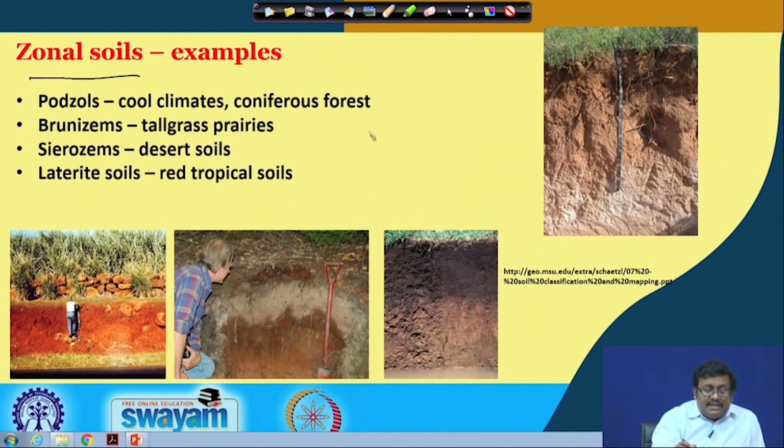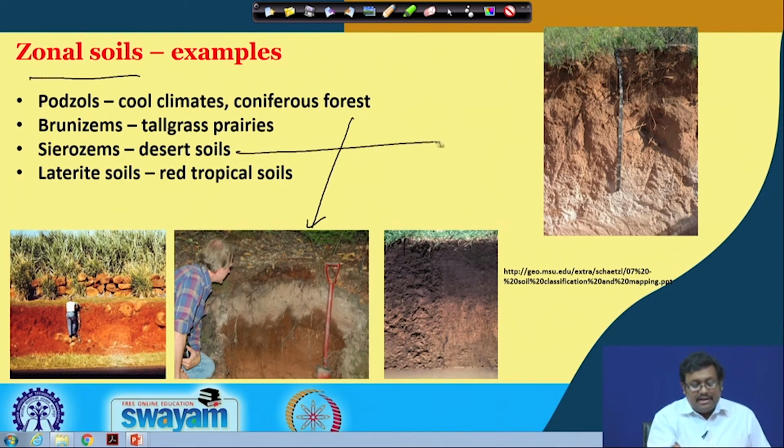This is an example of podzol, which develops in cool climate and in coniferous forest, and this is xerism, which is desert region soil or desert soils. This is lateritic soil, which occurs in red, and these are basically red tropical soils, and this is called brunisms, which are tall grass prairie soils.